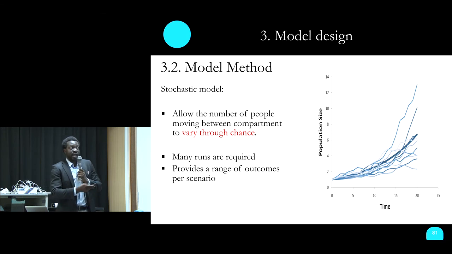But stochastic models introduce the notion of time and chance in the number of people moving from category to category. It gives you many scenarios that will tell you, for example, that 10 to 13 people move, because we have a stochastic component using chance here.